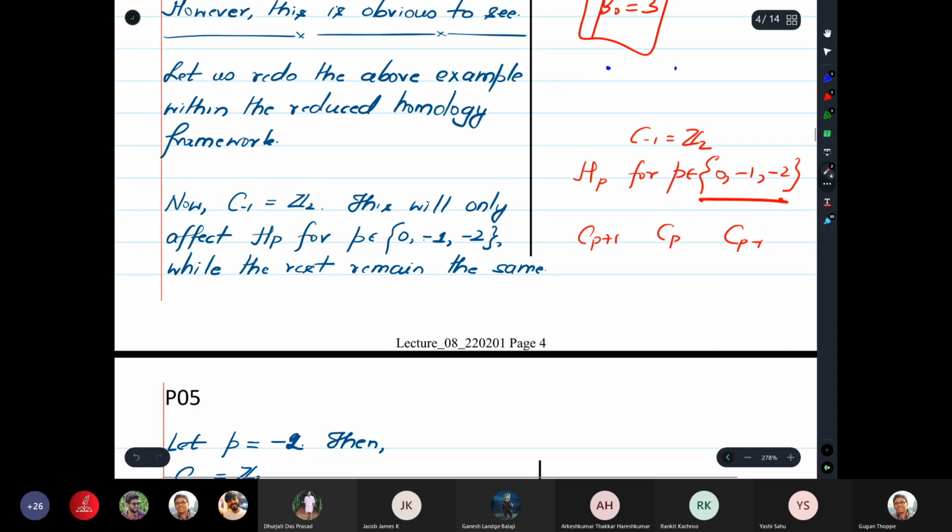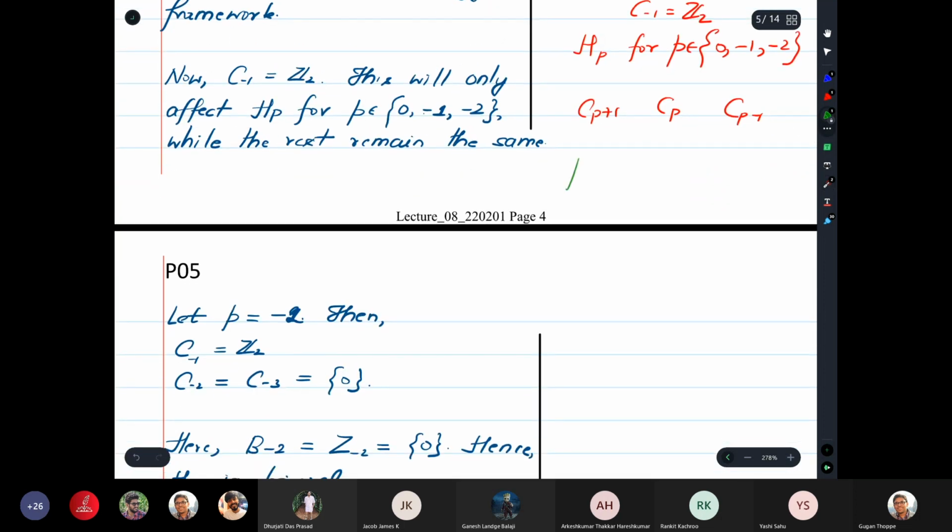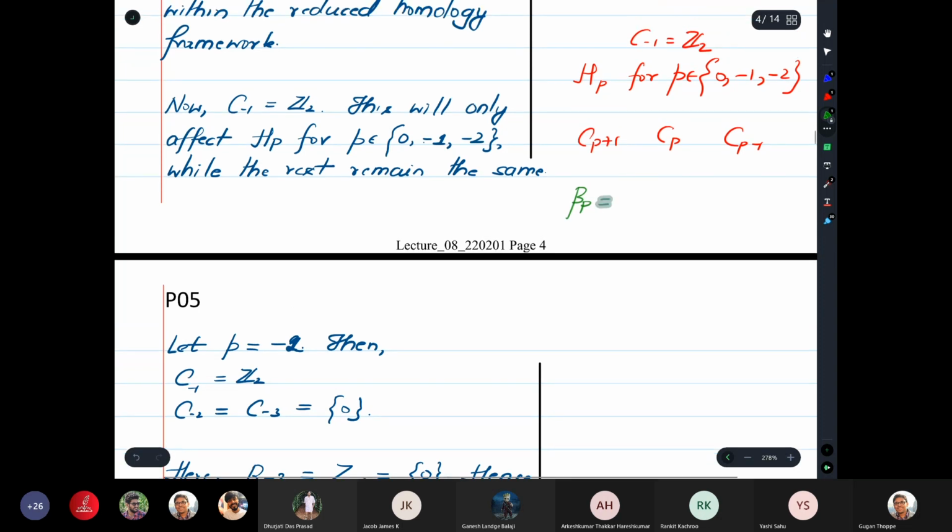in this set, right? So which automatically implies that even in the reduced homology framework, beta P will be the same as in the usual beta P in the reduced homology.